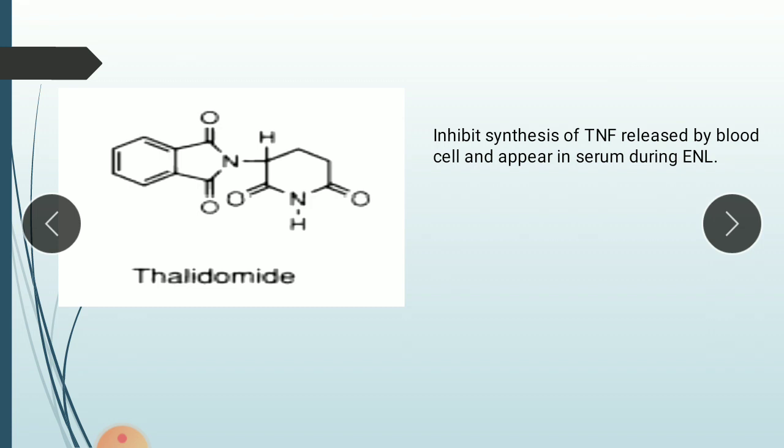TNF is synthesized and released by blood cells and appears in serum during the ENL symptom of leprosy. The concentration of TNF falls when the patient is treated with thalidomide. So that is the use of thalidomide, and that completes the anti-leprotic chapter.